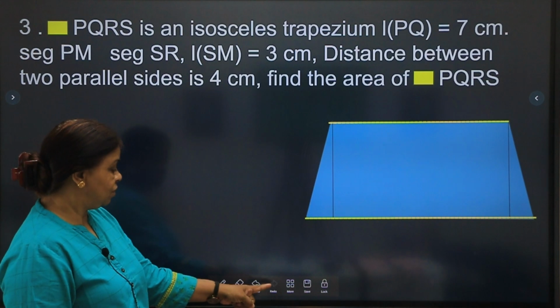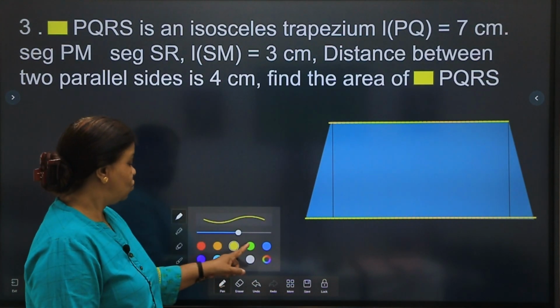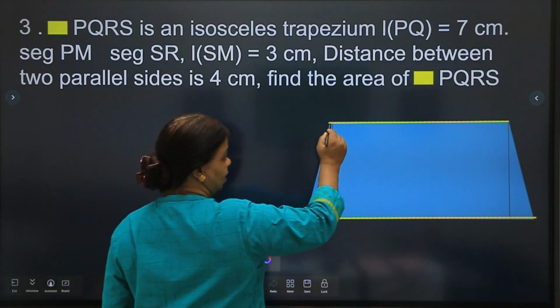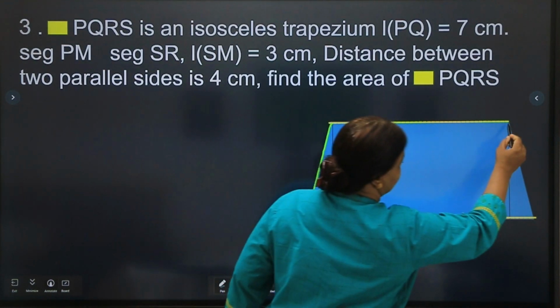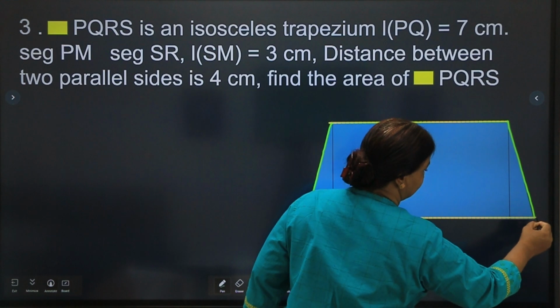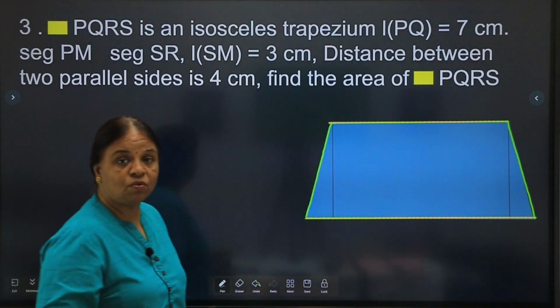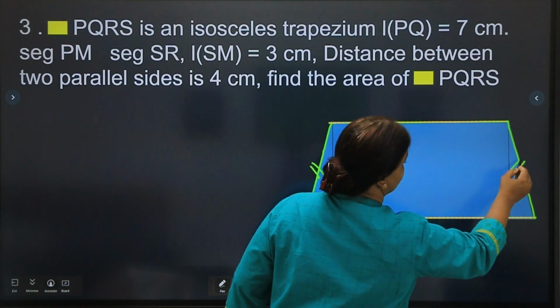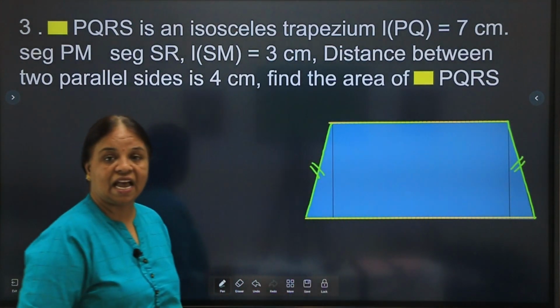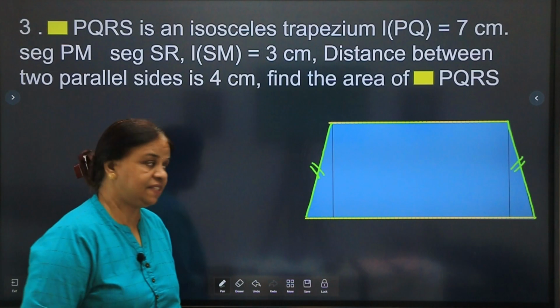And isosceles means two sides are equal. So which are those two sides which are equal? The one I am marking with green and the another which I am marking with green. These two are equal to one another, and that is the reason we call it an isosceles trapezium.